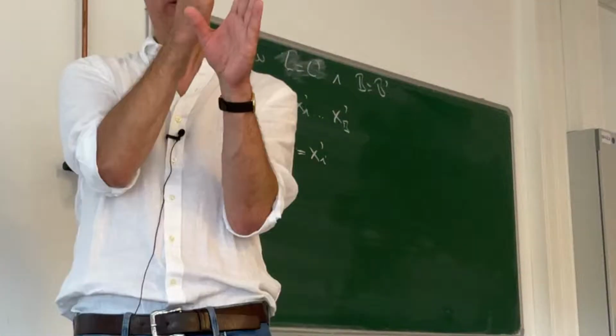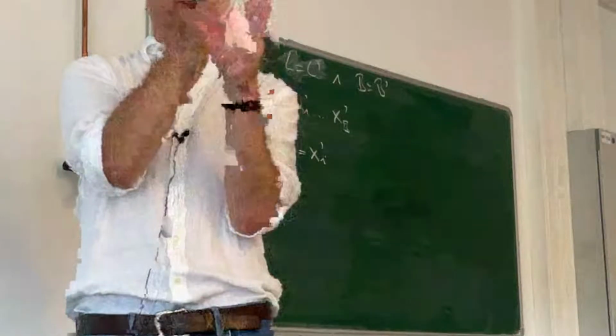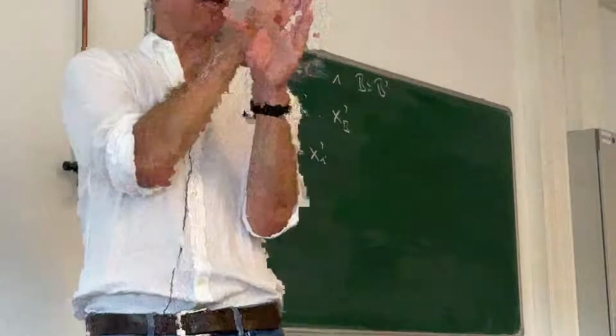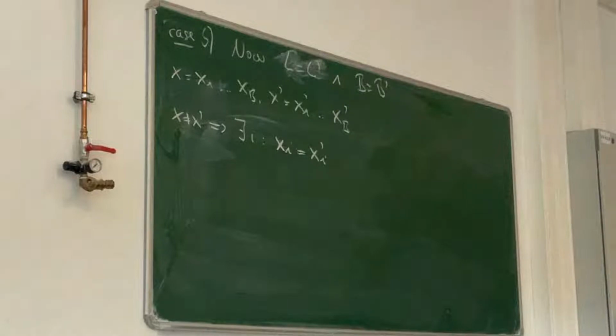If then all blocks are the same, the two strings have to be the same, which they are not by assumption. So there is a block where it's not the same.